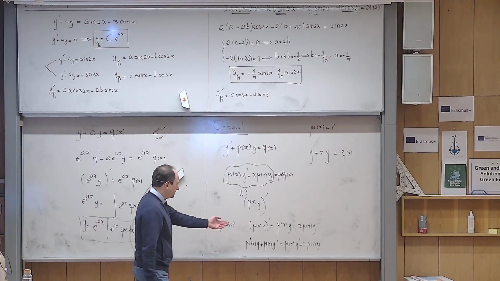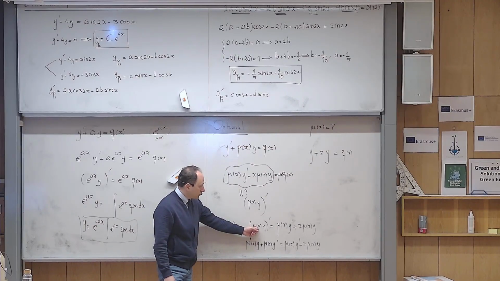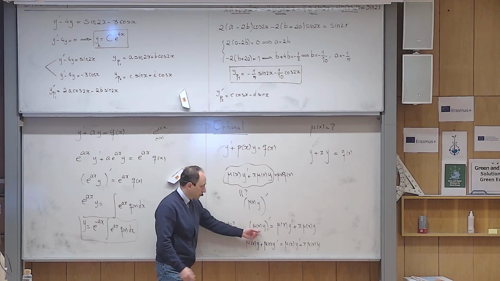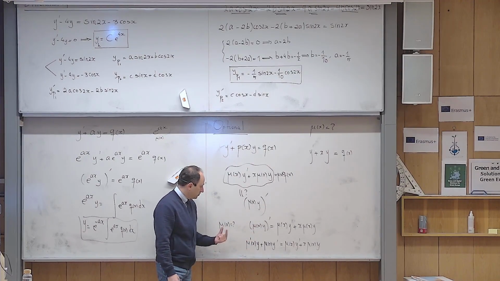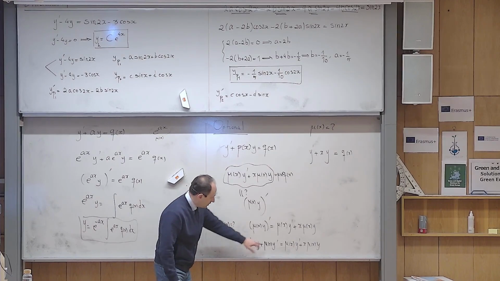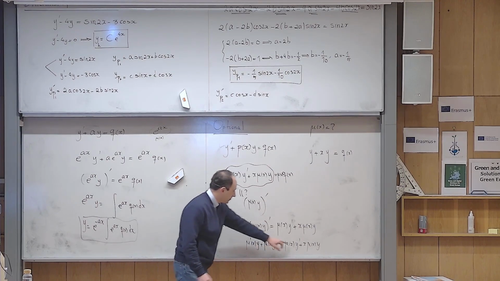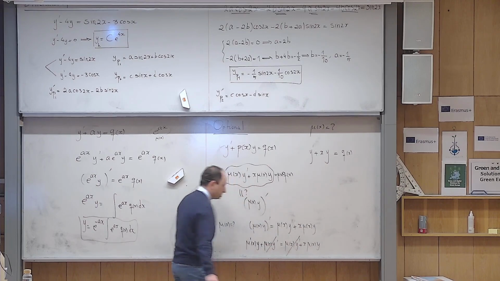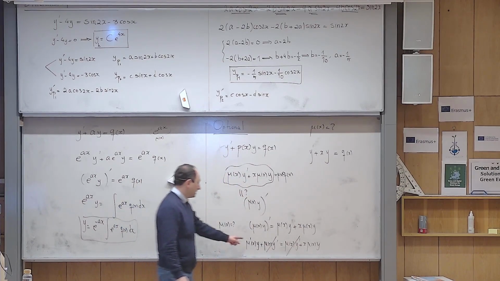But instead of asking this hard question, I simplified my question using the product rule. Don't get lost. I want to find mu of x. So I say, oh, this one and that one are exactly the same, so cancel them out. And then what happens here?